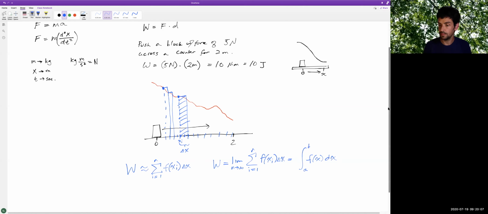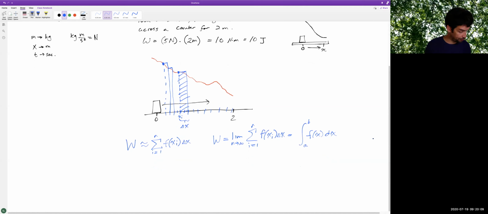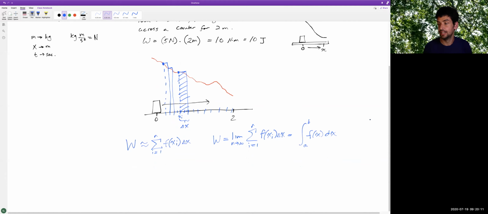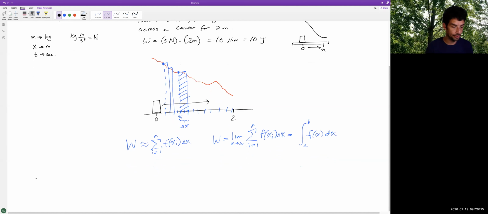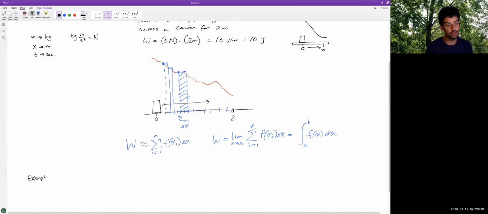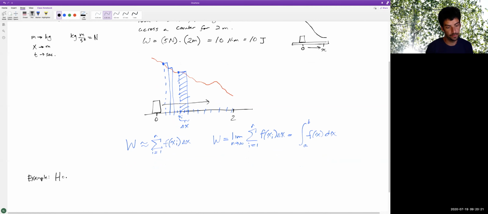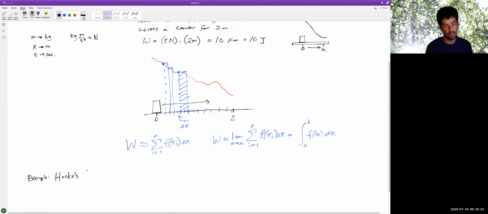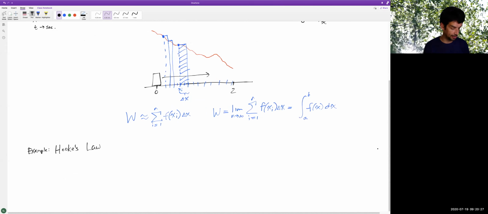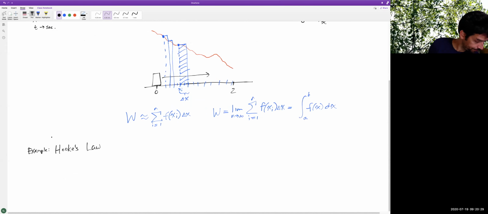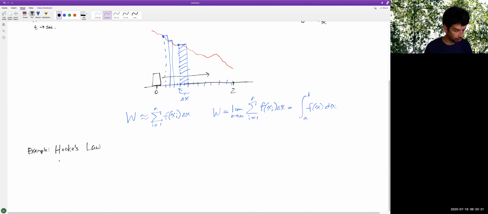Okay. So let's do an example of this where we can find this work function. So this is a pretty classic example. It's going to use something called Hooke's law. Okay, and this has to do with springs. So let's just write Hooke's law.